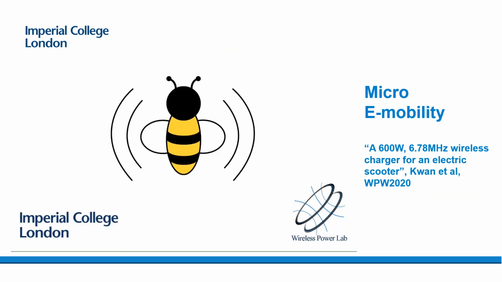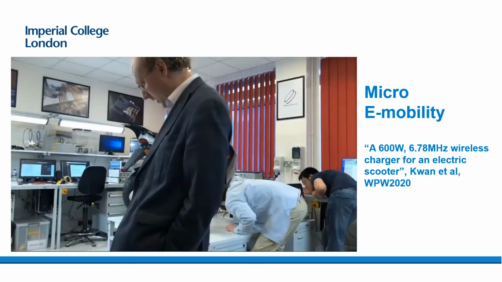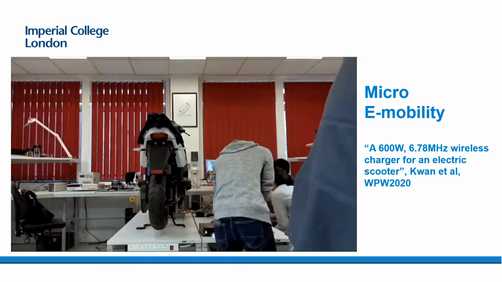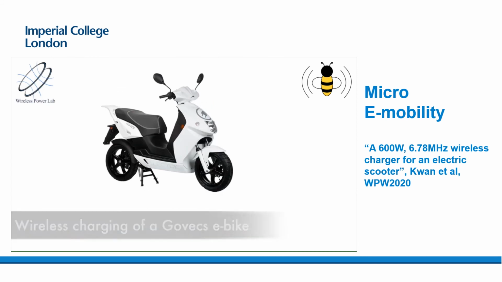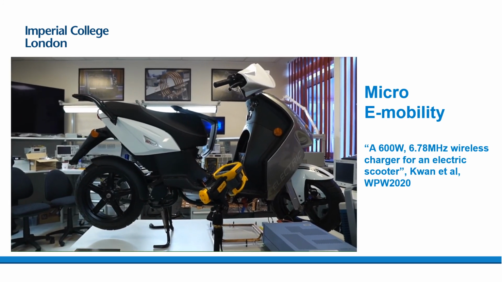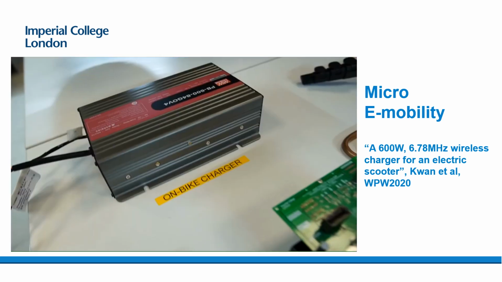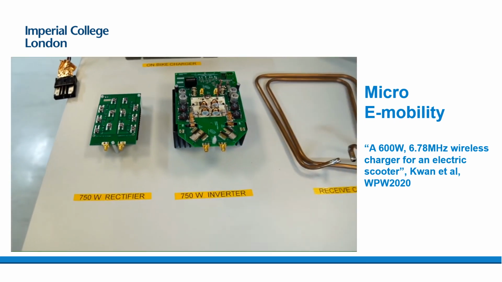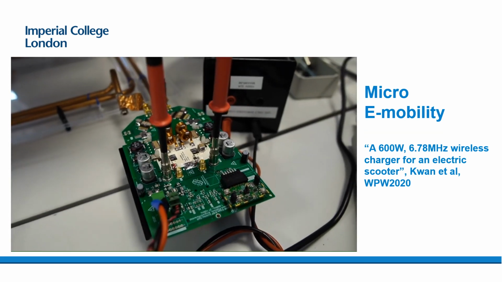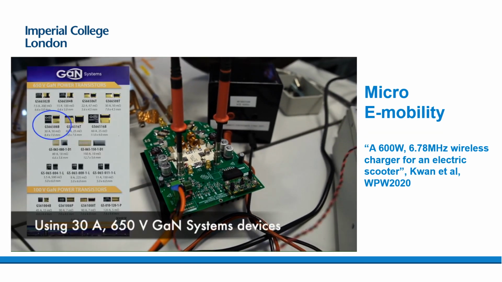Moving away from drones now and looking at the issue of micro e-mobility, we've put a wireless charging system onto a Govex e-bike. You can see here this is a ride-on scooter. We've actually built a 600-watt system here. You can see the inverter and rectifier there and the receive coil. We actually have a paper on this in the conference.